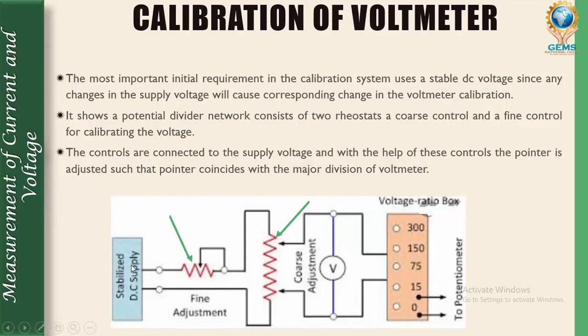For example, if the supply voltage is 15 volt, using this potentiometer, I would choose a particular slot here, so I would have a connection between 0 and 15. If I have a reading beyond 150 volts, then I will adjust the coarse and fine adjustment in such a way that I can have a connection between 0 and 150 volts.